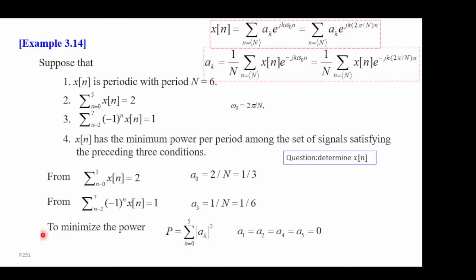And anyway, power will equal the sum of the AKs squared, and so we want to minimize this. A0 and A3 are already fixed, and those are all positive numbers. So the smallest possible way to pick the undetermined ones, A1, A2, A4, and A5, is to pick them all 0. That will minimize this summation.